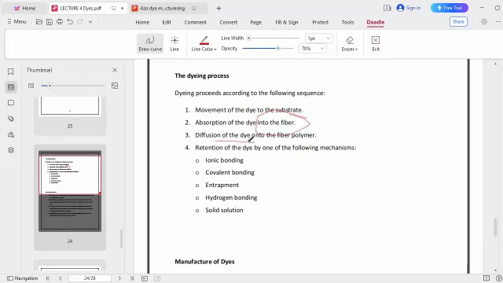Then there is diffusion of the dye into the fiber of the polymer. Then there is retention of the dye in the substrate. And the dye is retained through different ways of bonding, for example, ionic, covalent, entrapment, hydrogen bonding, and so forth.